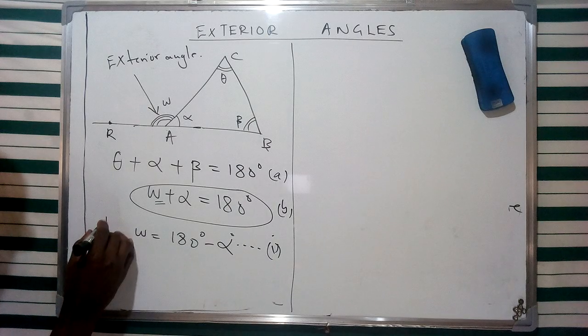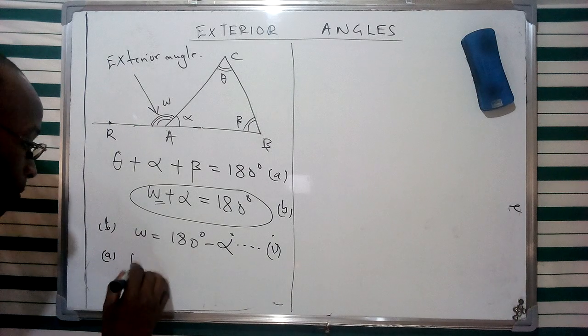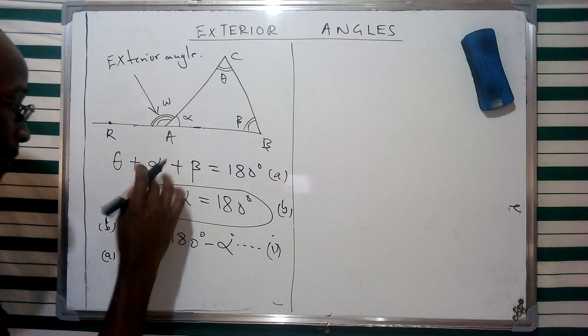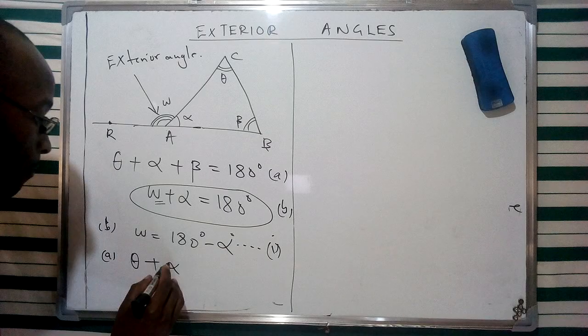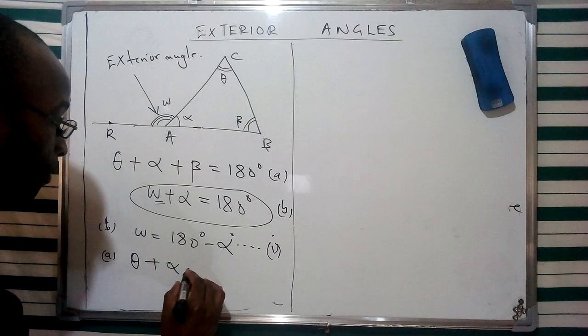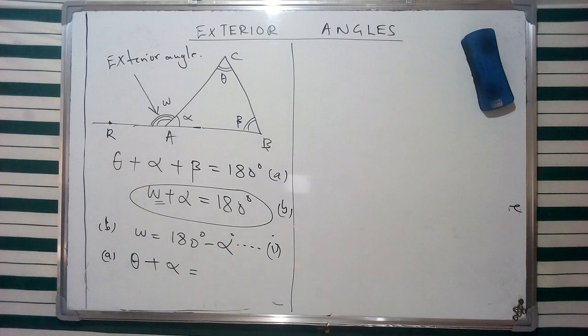So from equation A, we can also make a conclusion that alpha plus beta plus theta is equivalent to 180 degrees.